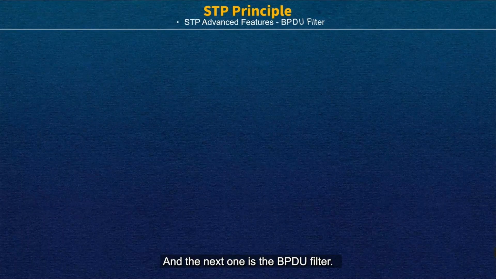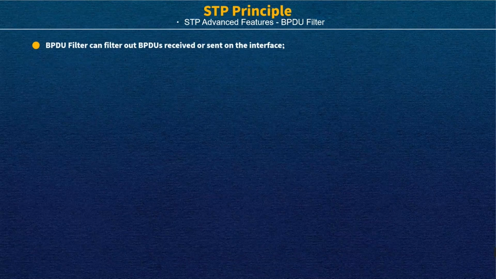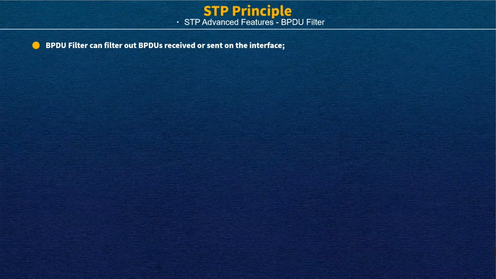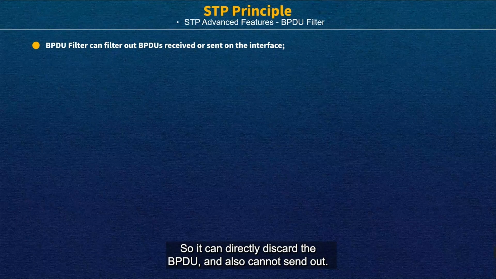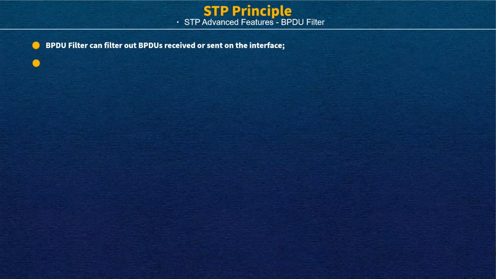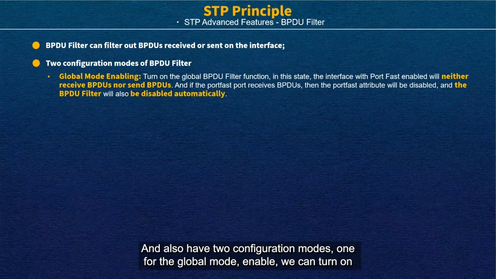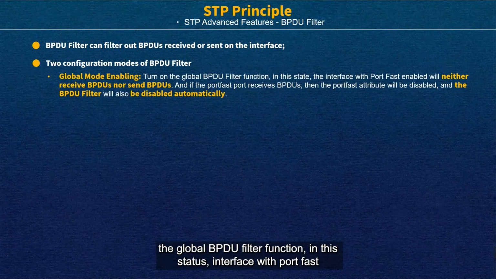And the next one is the BPDU filter. The BPDU filter can filter out BPDU received or sent on the interface. So you can directly discard the BPDU and also cannot send it out. And it also has two configuration modes. One is the global mode enable, where we can turn on the global BPDU filter function.